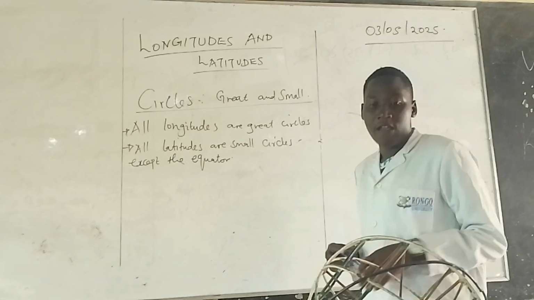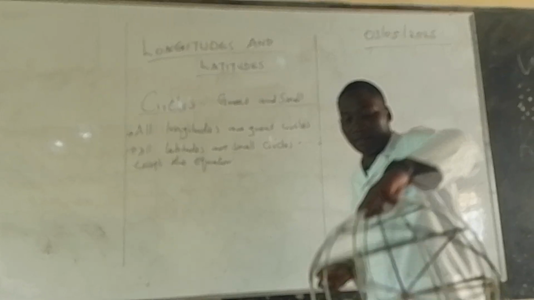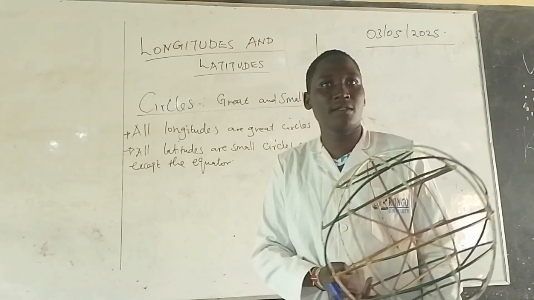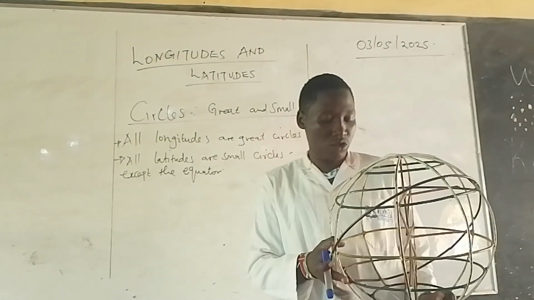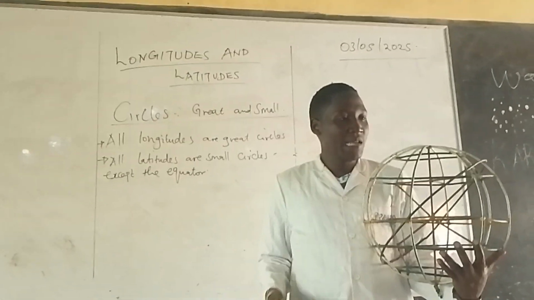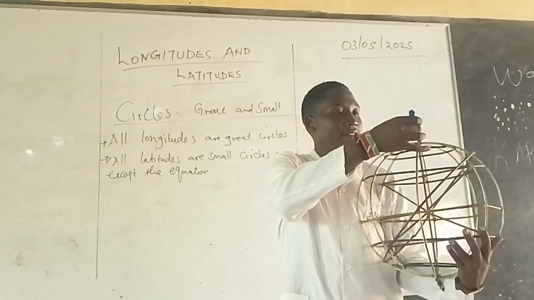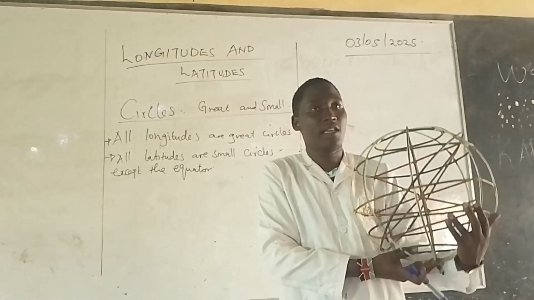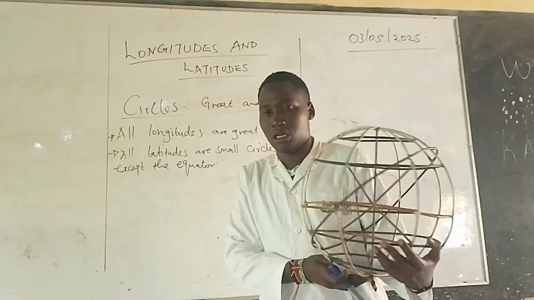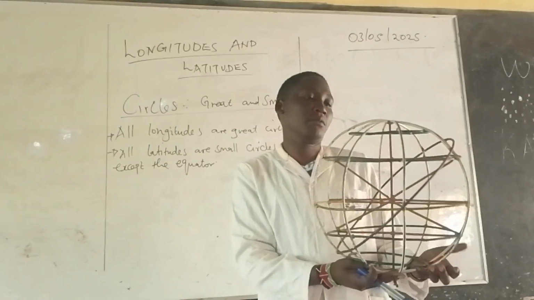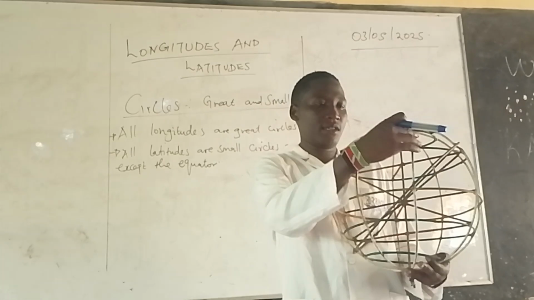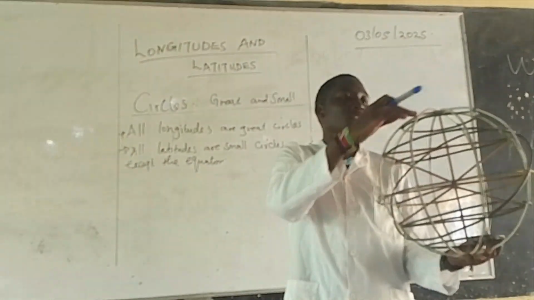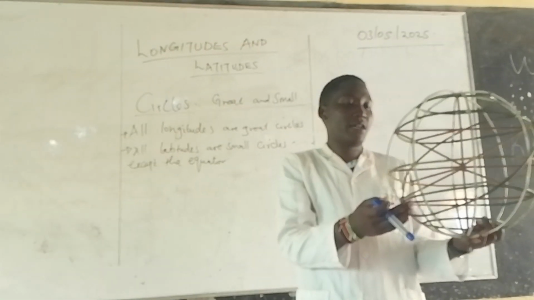The lines that run from the North Pole to the South Pole, if this is our globe, any circle that runs from the North Pole to the South Pole is a longitude. You can see this divides the globe into two equal parts. Also, this one divides the globe into two equal parts.